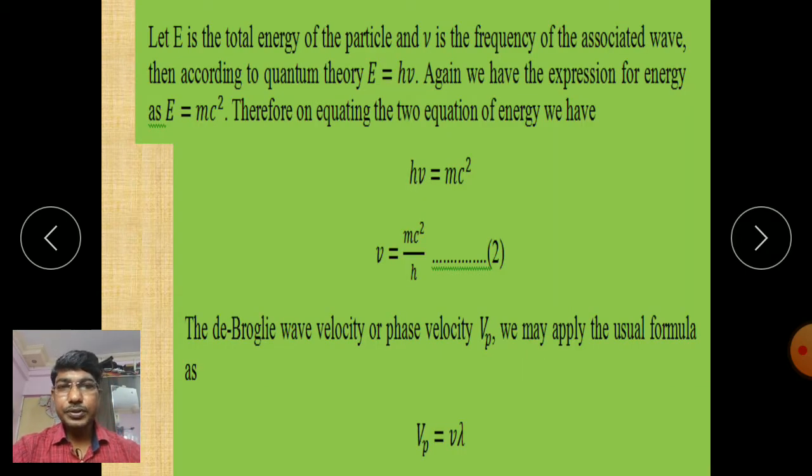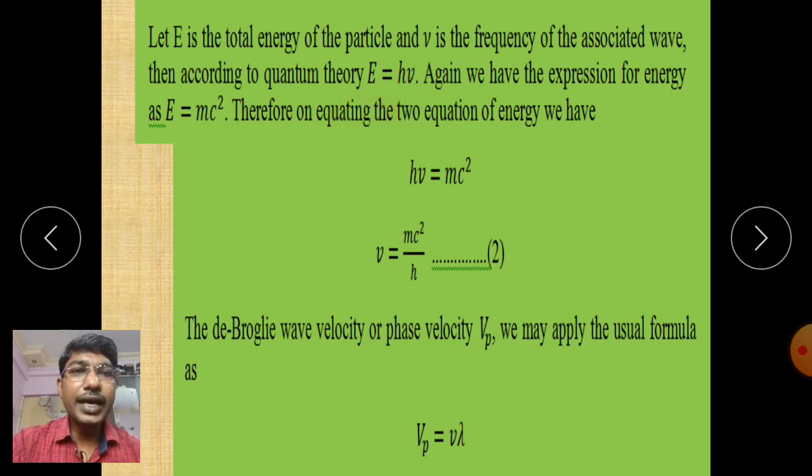Now let us consider capital E is the total energy of the particle and nu is the frequency of the wave associated. Then according to quantum theory, E is equal to h nu.